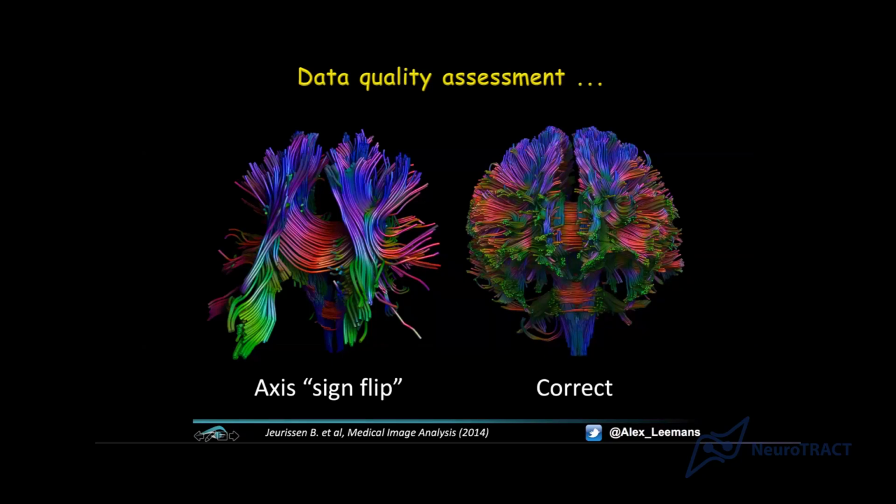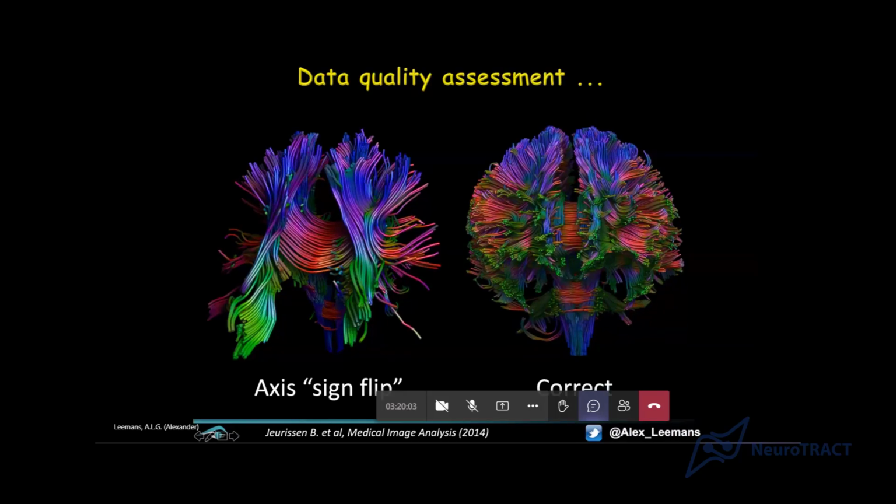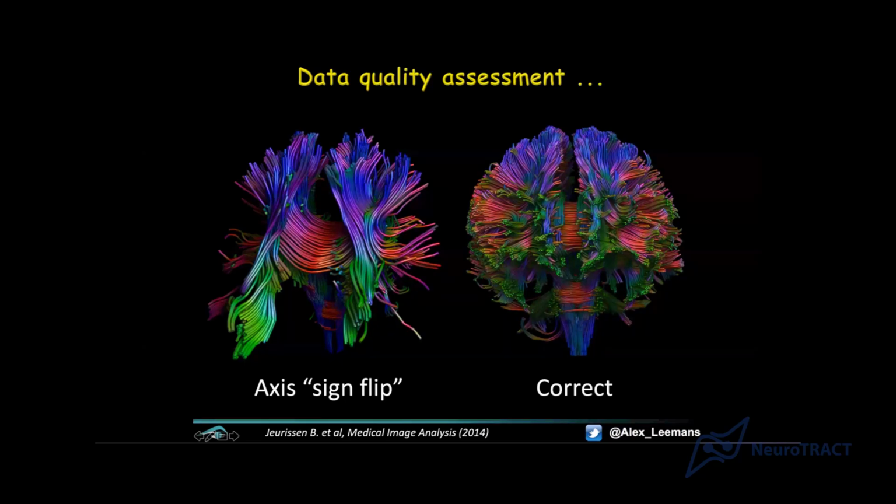And sometimes even other scanners like Bruker scanners or scanners that don't necessarily have DICOM data. So you get data from any type of machine, legacy data, where there might be these axis flips. This is something to be aware of. So that's why I'm showing this maybe ad nauseam here, okay? Okay, let's move on.